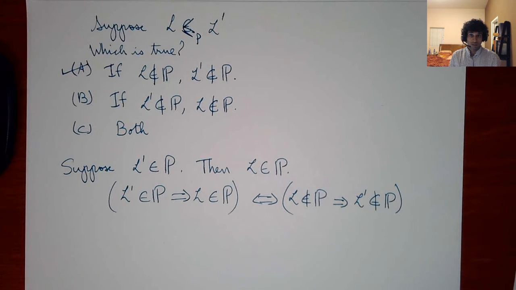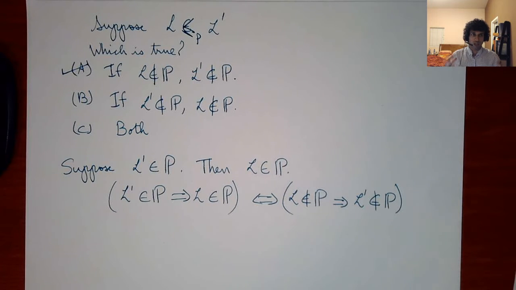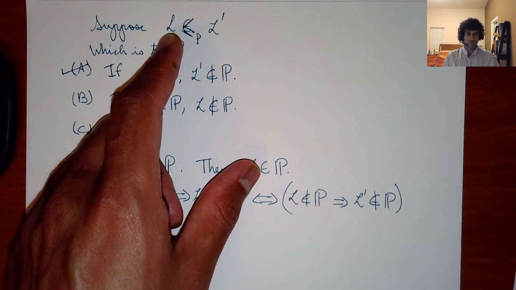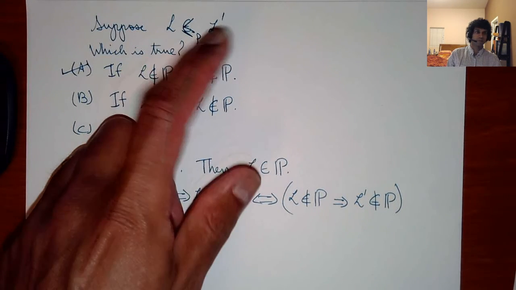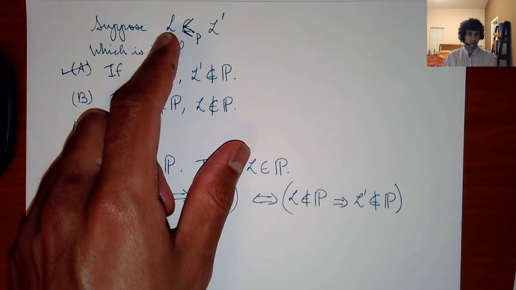Sure. But I'm just saying that if you have something that is not in polynomial time, you cannot reduce it to something in polynomial time, because if you could, that would imply that L is in polynomial time.